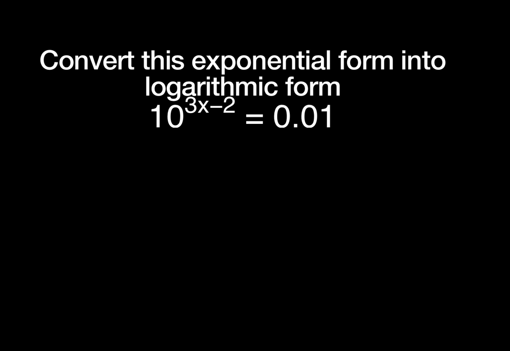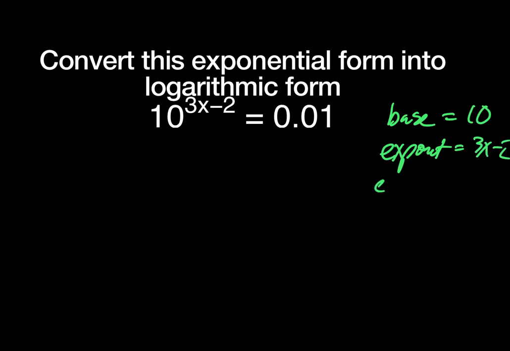Going the other direction, if I have this as exponential form, well, here I'm even telling you. First, convert this exponential form into logarithmic form. So there's three things. What's my base? 10. What's my exponent? 3x minus 2.